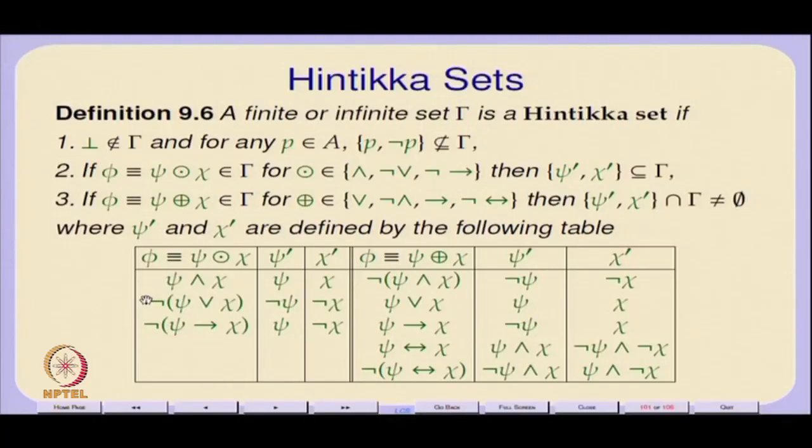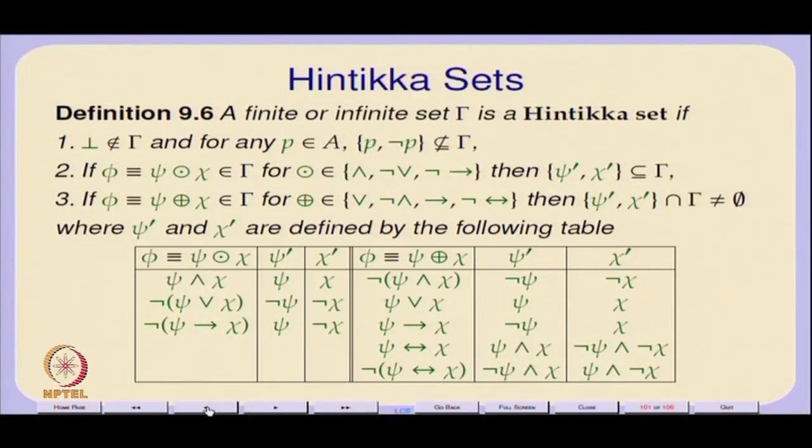So, this set gamma should not have a complementary pair, and if phi is a multiplicative kind of formula... Looking at those operators, basically ten operators, we can think of them as either additive or multiplicative.